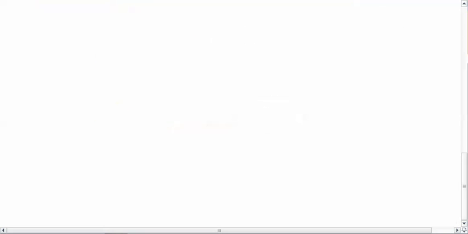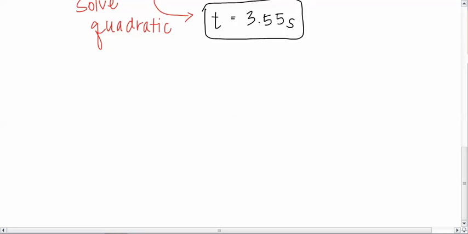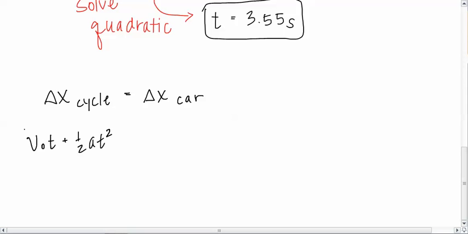Now, equation-wise, if we look at delta x for the cycle is equal to delta x for the car, and I think about it in its steps, delta x would be equal to v naught t plus 1/2 at squared during the acceleration portion, plus v naught t plus 1/2 at squared for the non-accelerated portion.